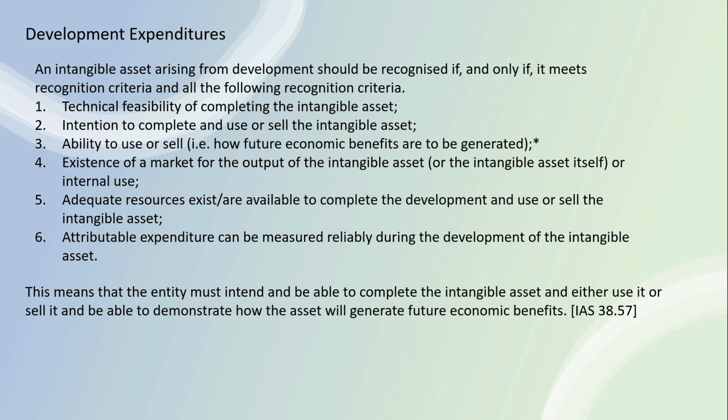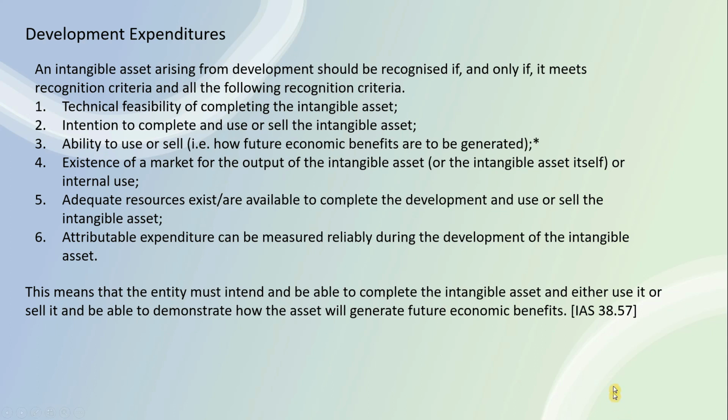If yes, if these six criteria can be identified, then this cost can be considered as development expenditure. So it needs to be capitalized as an intangible asset, and it should go to the statement of financial position. If not, we consider it as a business cost or routine cost that should go to the statement of profit and loss.